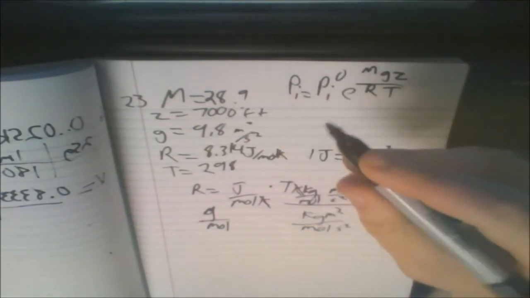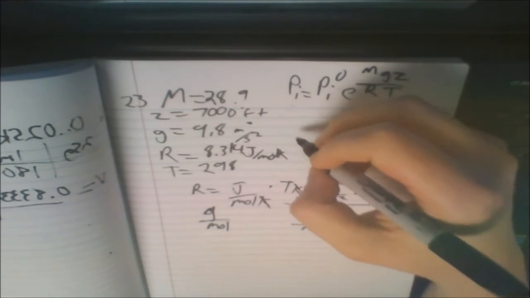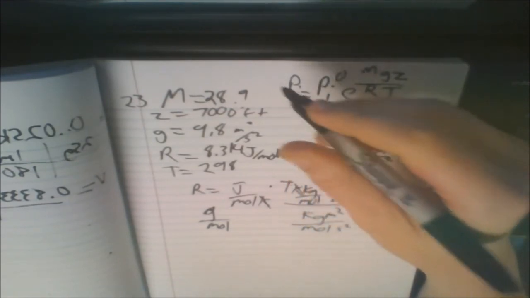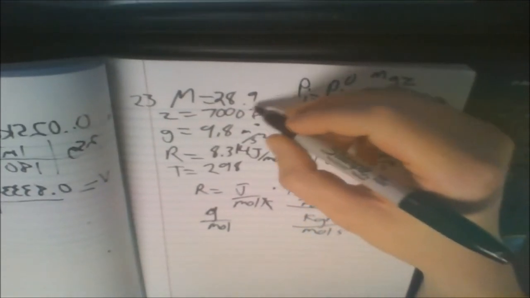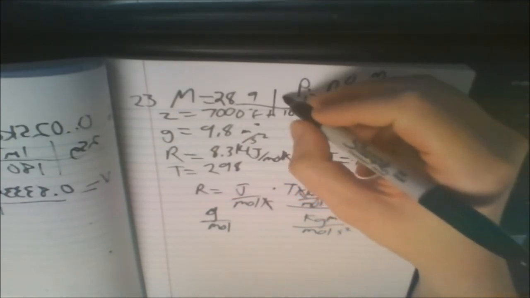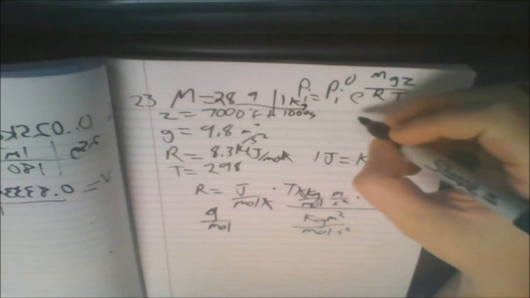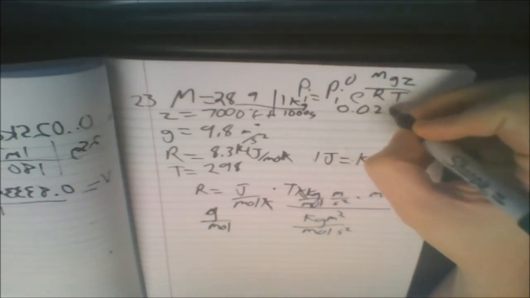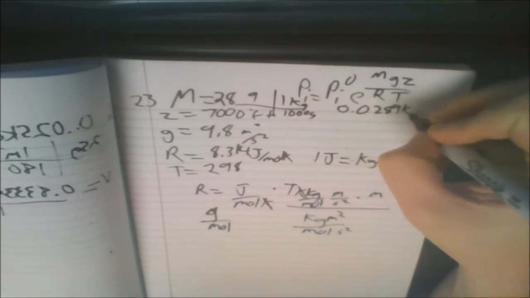First things first, we're going to turn molar mass into kilograms per mole. So that should divide by 1,000 grams per 1 kilogram. So that becomes 0.0289 kilograms per mole.